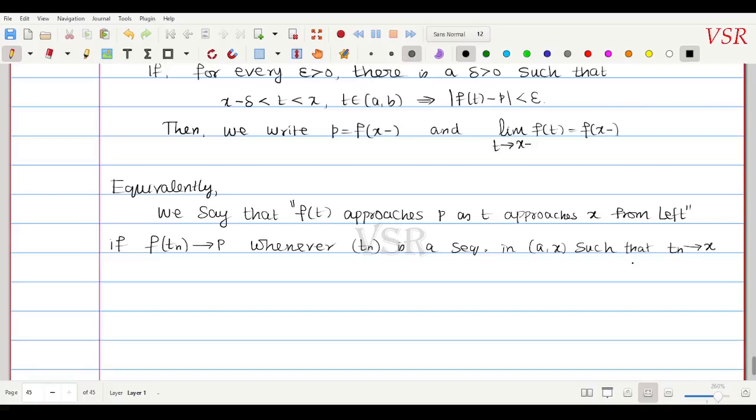Okay, so the same definition for the left limit, and we have defined the right limit.